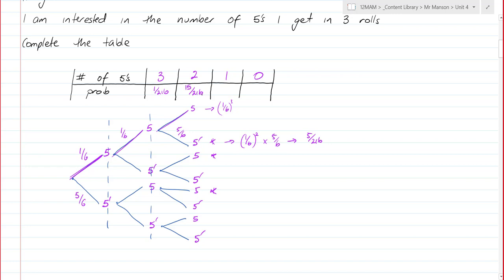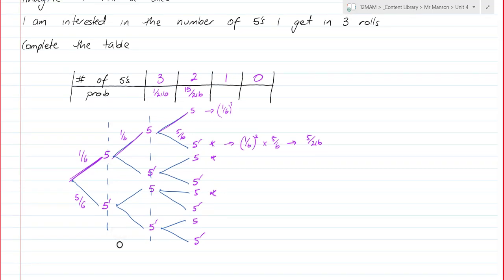Later on this lesson. I'll change colour now briefly, and here are my ways of getting just 1 five. I get a 5, not 5, not 5, or if I get a not 5, 5, not 5, or if I get a not 5, not 5, 5. There are once again 3 ways of getting 1 five only. And remember, Pascal's triangle had 1, 3, 3, 1.